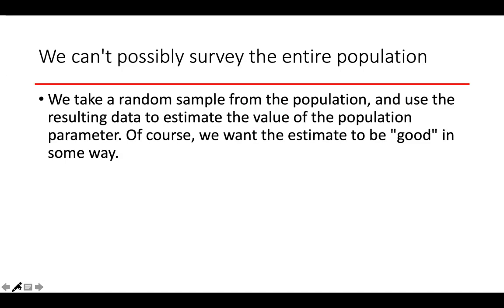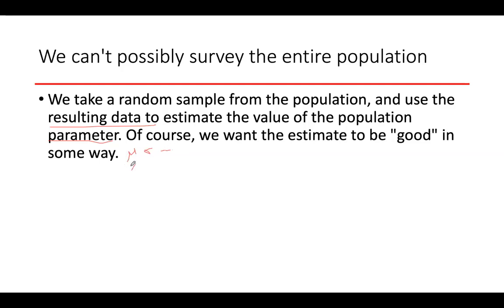We need to take random samples from the population and use the resulting data to estimate the value of the population parameter. What were the population parameters, arkadaşlar? They were mu, sigma, and such. And what were we trying to do?